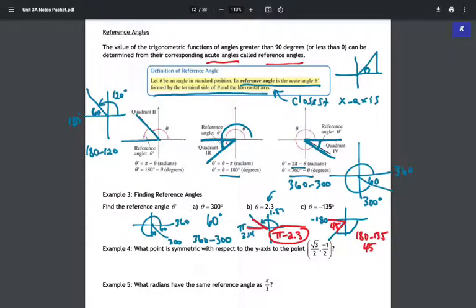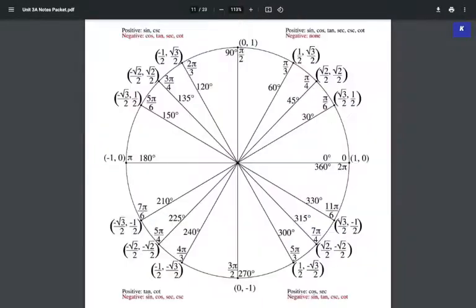So why we care about reference angles is that whenever you go back to your unit circle, let me back up a little bit. When you look at your unit circle, this angle right here is a reference angle of 30 degrees, versus this angle right here, also a reference angle of 30 degrees because it's this 360 minus that 330. So this ordered pair corresponds to that 30-degree ordered pair.